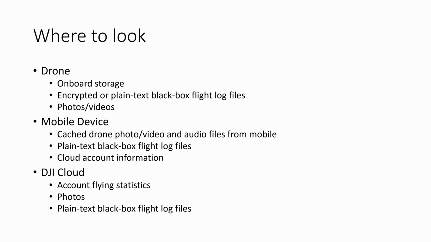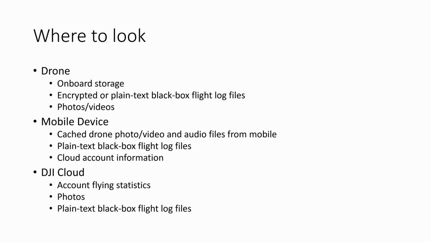The mobile device contains a cache of the photos or videos, and I believe that they are the same quality as the one stored on the drone. However, the farther you get away when you're flying, they might reduce quality, but it's the same video file.